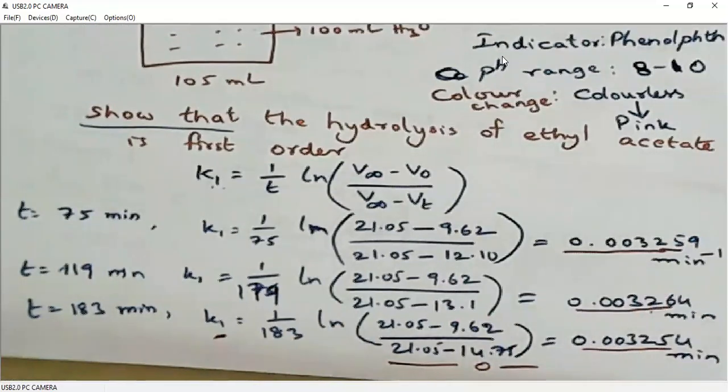Of course, we know that the rate constant will not change unless we change the temperature, right? So rate constant is a constant for a particular reaction. So when we get the constant values, we can say it is the first order rate equation.